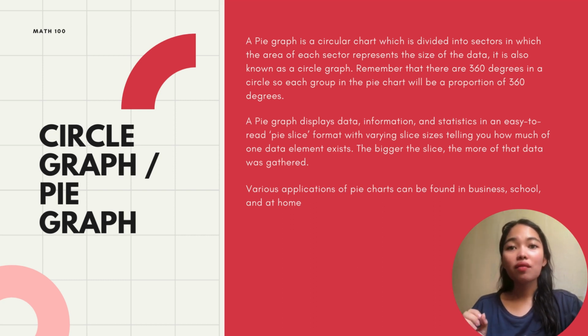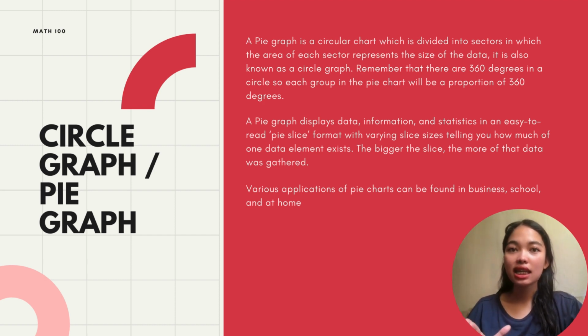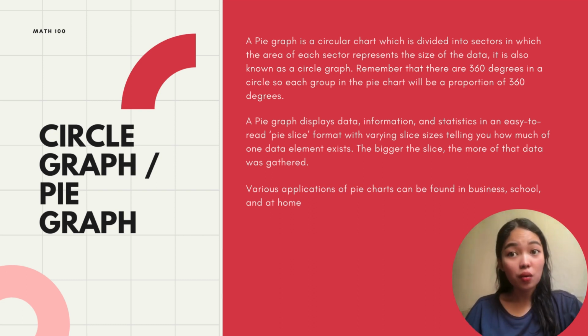One of the key benefits of a pie chart is its simplicity and ease of understanding. The visual depiction of data as pie slices makes it accessible to a wide range of audiences, including those without extensive statistical or mathematical knowledge.